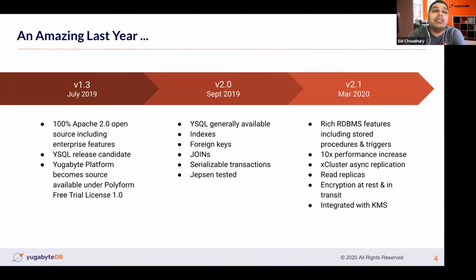And we didn't stop there. We went one step further. We made the Yugabyte platform, our commercial self-managed DBaaS software, source available under the Polyform free trial license, because the users who are engaged in those commercial conversations are increasingly willing to work with us in an open forum, where they are willing to give us change requests, pull requests, and bug fixes over GitHub.